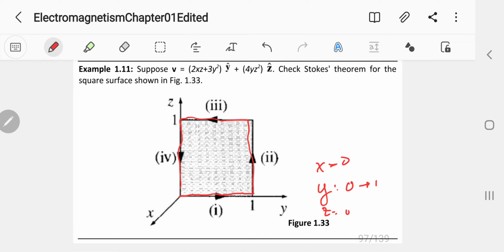Everything here in this plane has x equal to 0. For your fourth line, z goes from 1 to 0. Looking at the direction here is very important.